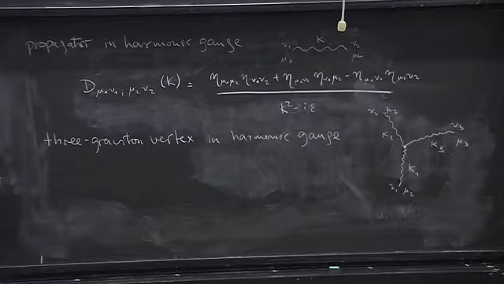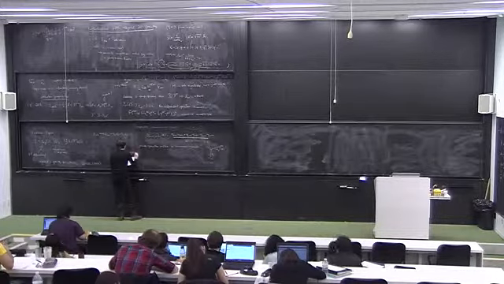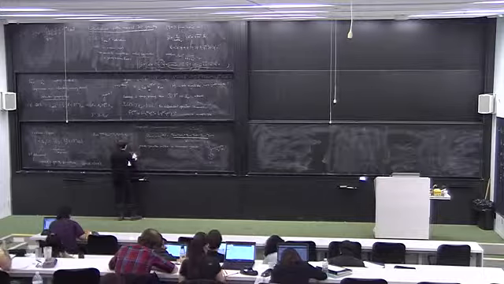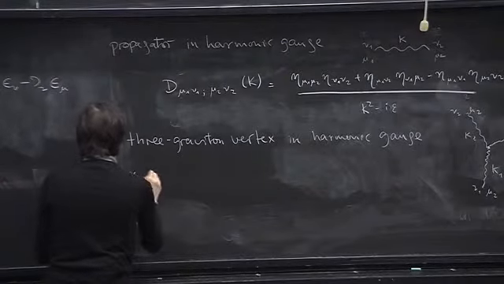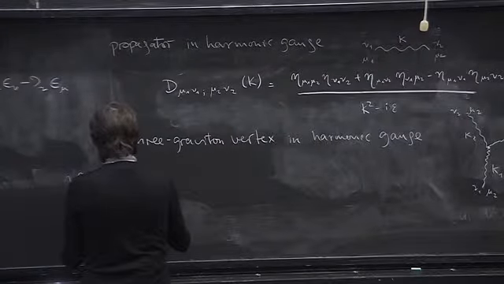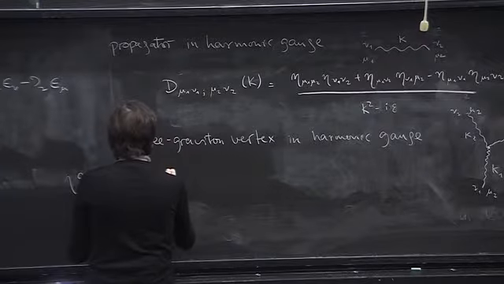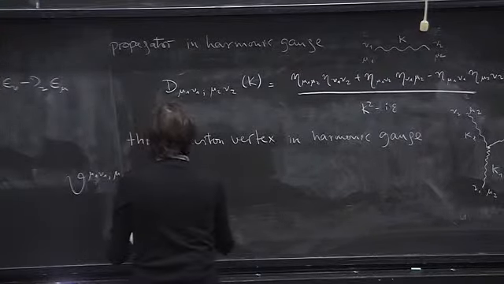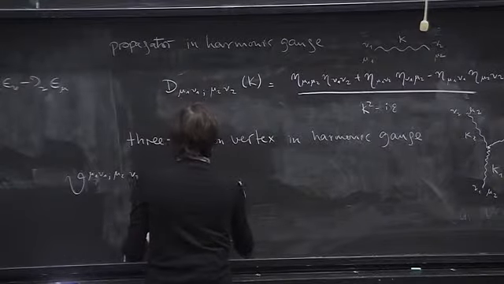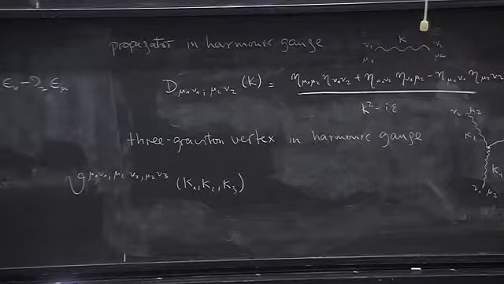Okay, now what is it? Let me call this capital V for vertex. Now, many indices, six in total, the pairs mu1 nu1, mu2 nu2, mu3 nu3, and of course, depending on the three incoming momenta, k1 to k3.